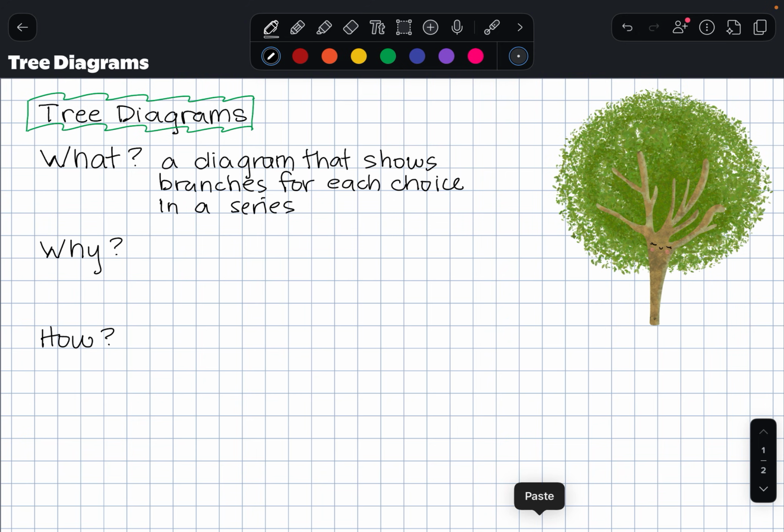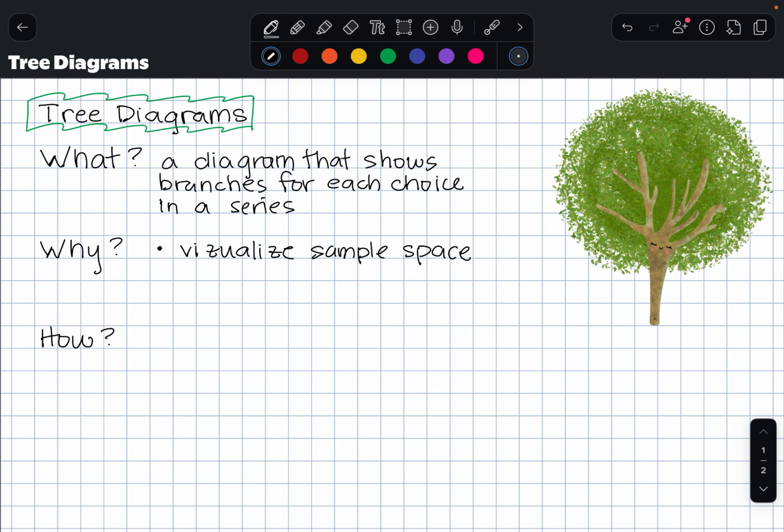And there are two reasons why we build these. The first is that this helps us see what our sample space looks like. As statistical scenarios become more complex, this becomes more difficult to visualize in your head.